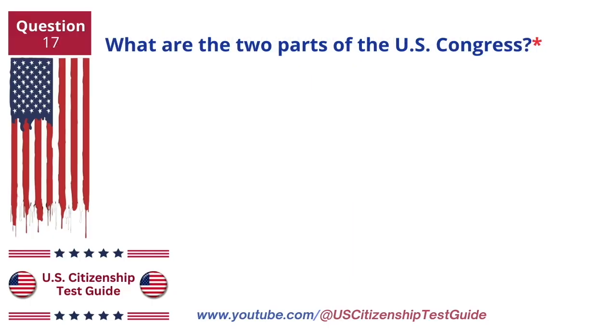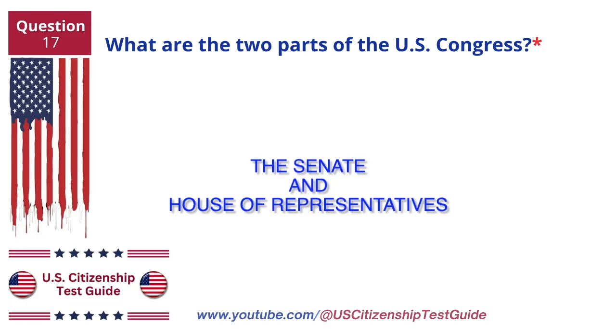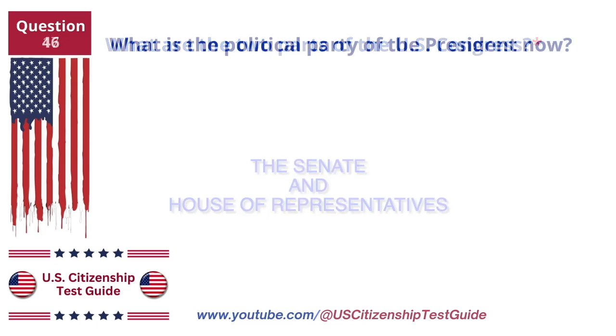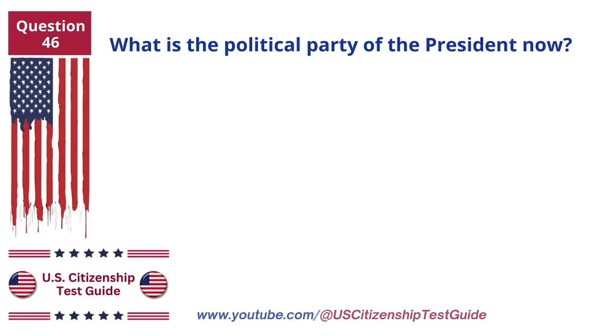What are the two parts of the U.S. Congress? The Senate and House of Representatives. What is the political party of the president now? Republican.